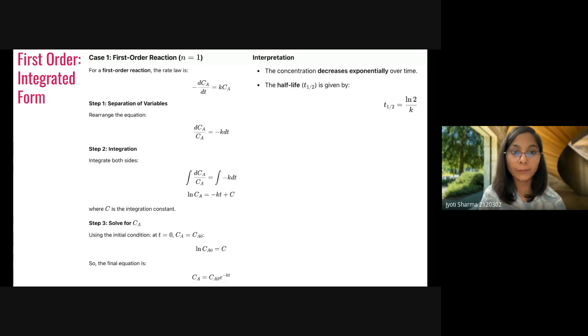Okay, so we already have understood this one. Change in the concentration of the reactant per time, this is rate. Okay, and if it is the first order, then this will be K CA, because here the power is 1.